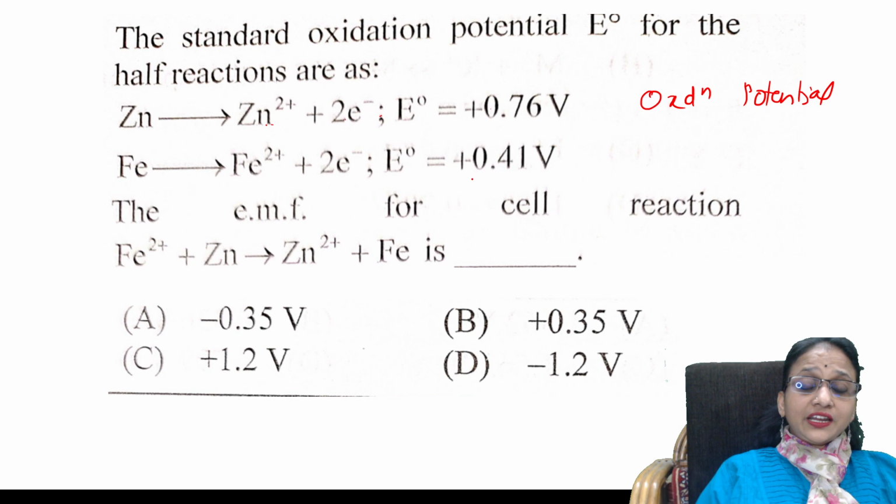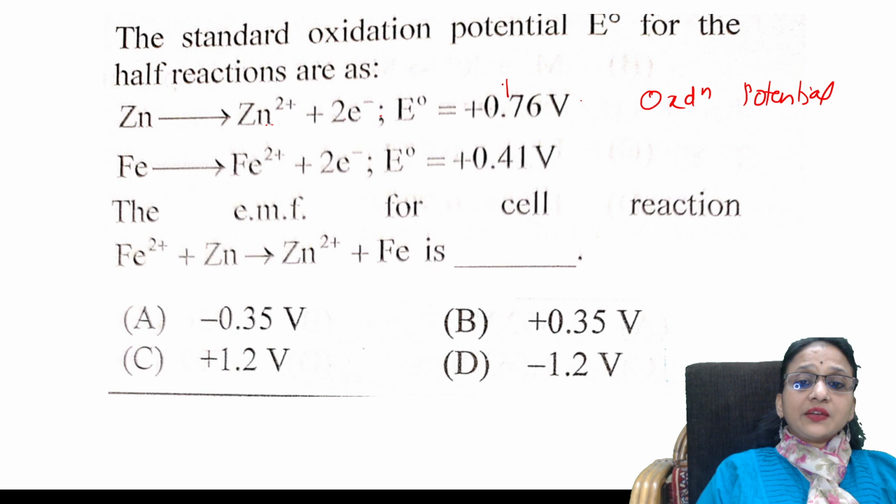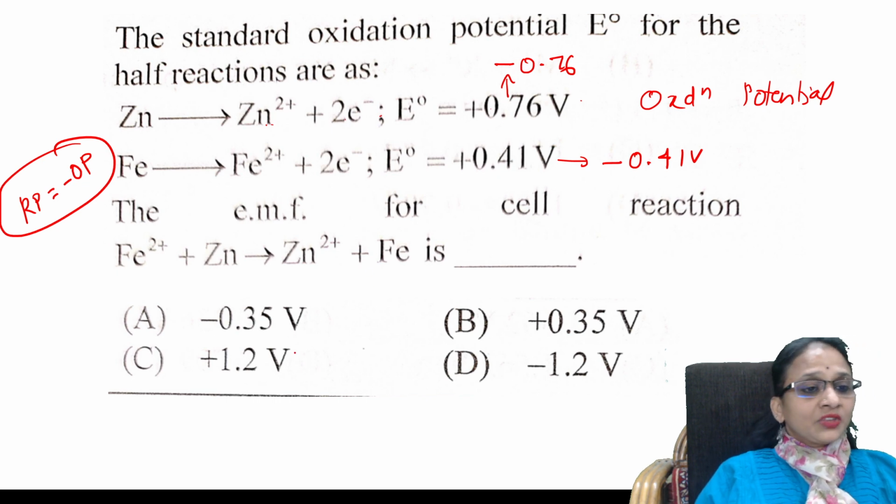But I have to write everything in terms of reduction potential, correct, students? So what will I do? I'm going to change the sign convention. This 0.76, I'm going to write as minus 0.76. Why? We've already learned RP is equal to minus OP. So I'm going to make this minus 0.76, and 0.41 I'm going to convert into minus 0.41. That's all. Easy. All right.